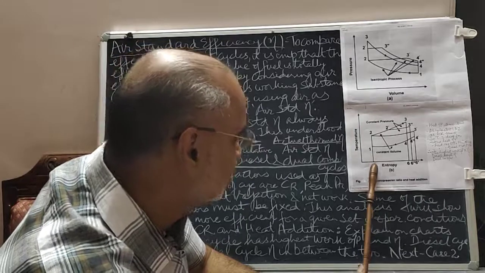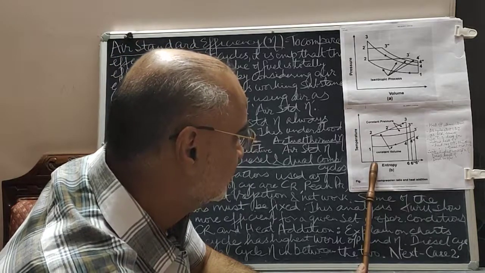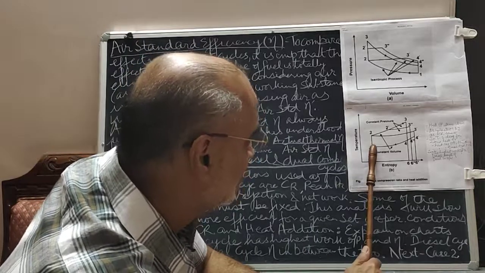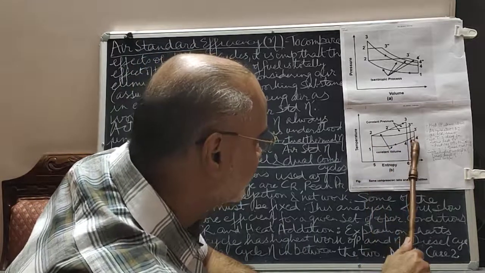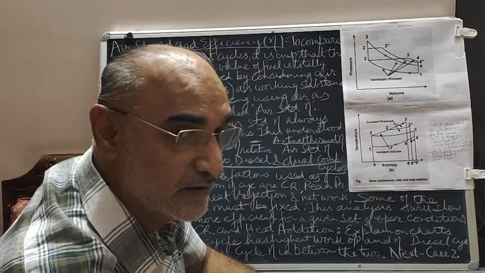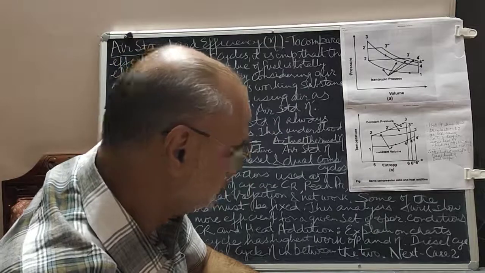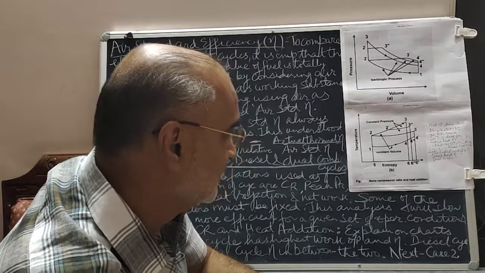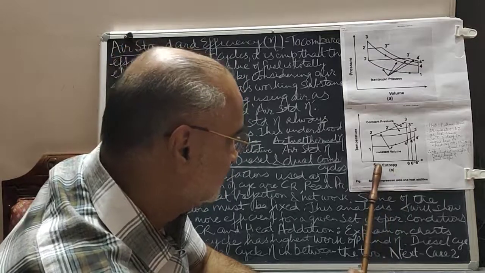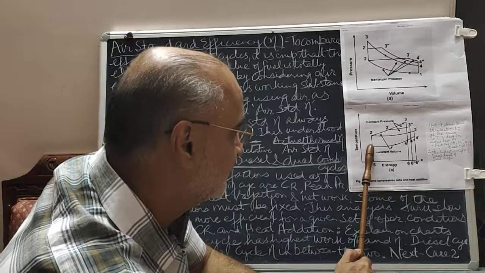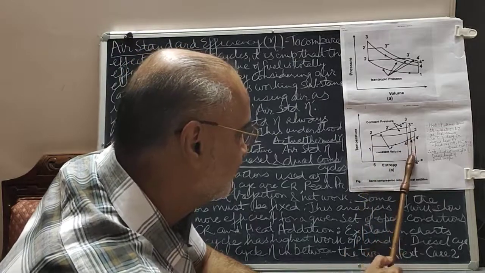For the diesel cycle, the heat rejection is 5, 1, 4 dash, 6 dash, which is more than for the Otto cycle. And for the dual, it is in between.